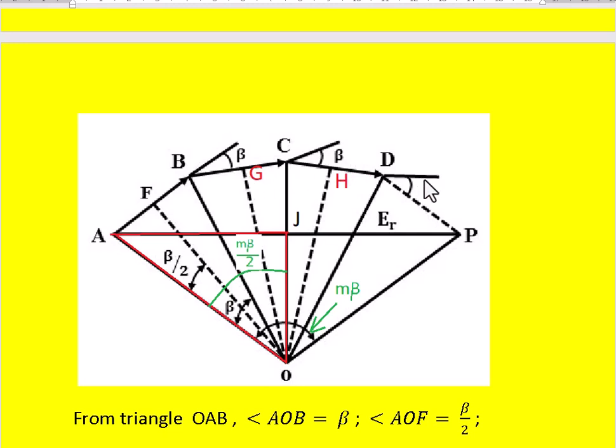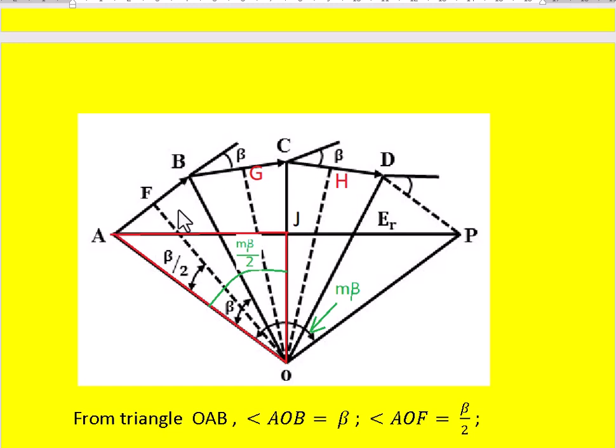So the individual induced EMF in each coil is the same, that is small e, but for M coils as a whole, the voltage induced should be taken as the vector sum.